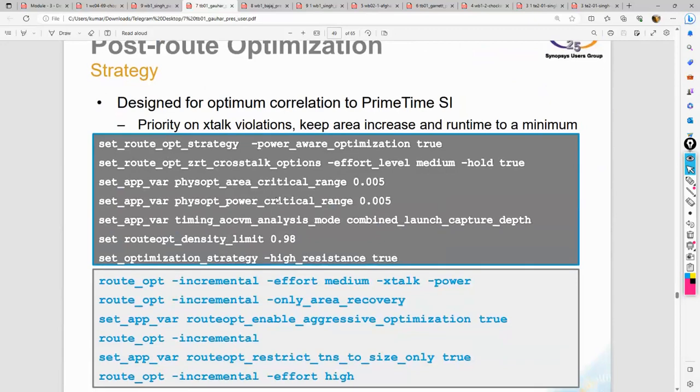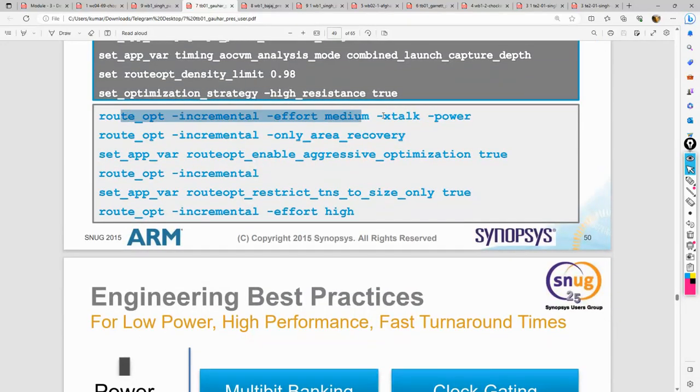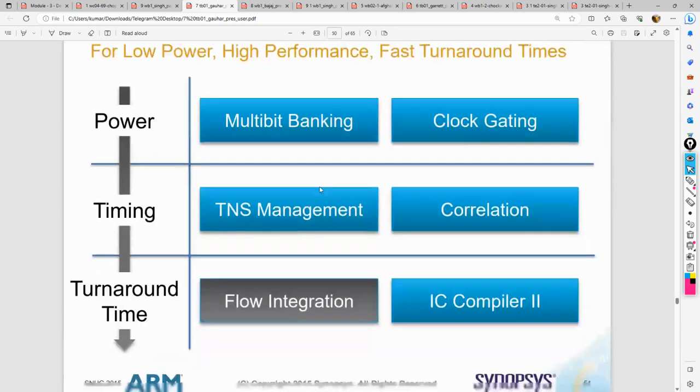So what are the basic things? Say route type and incremental, and considering crosstalk and power. So area recovery and all of that. So this is what I was just talking about. So at each and every stage you need to know what your target is. Is area your target, or is performance your target and all of that.